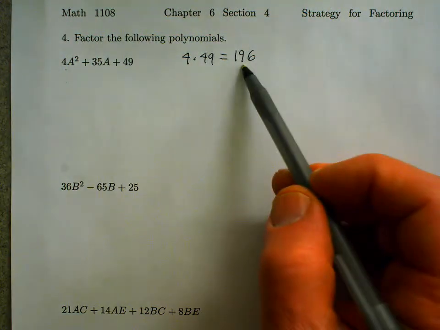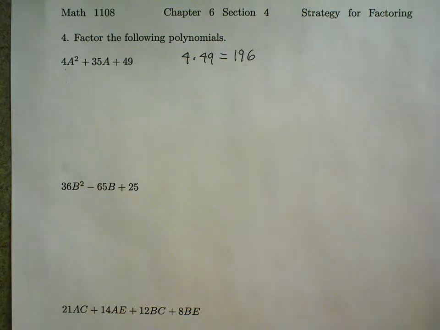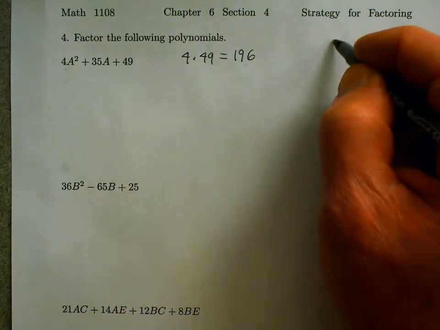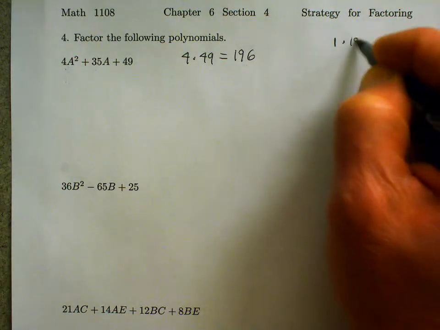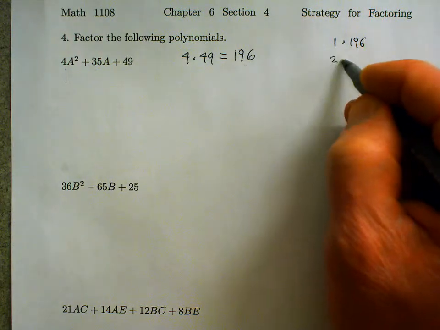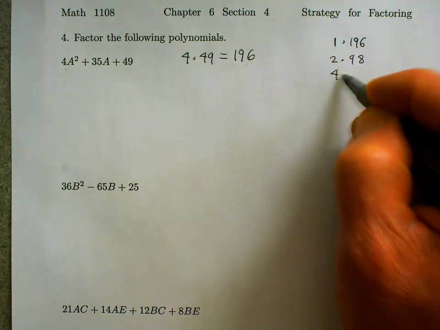So if the product is positive and the sum is positive, both must be positive. So let's see if we can find a pair of integers. So start at the extremes, 1 times 196. The next pair is 2 times 98. 3 is not a factor. We already know that 4 times 49.